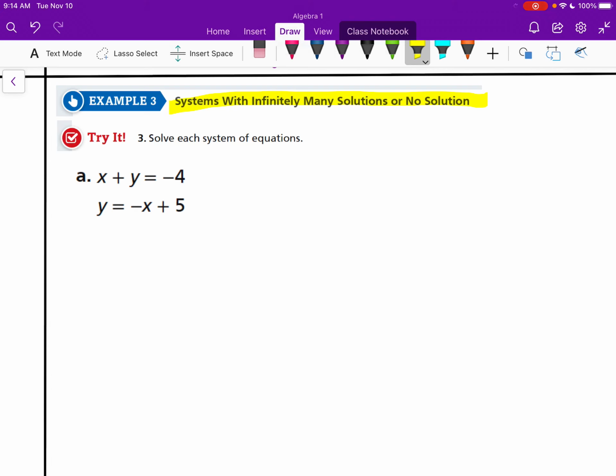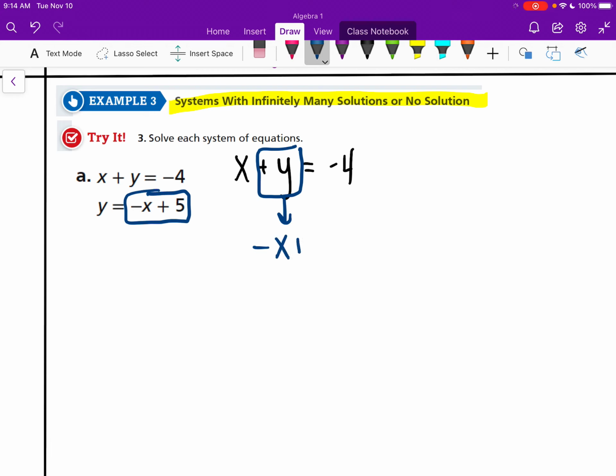So let's use our substitution. We have two equations here. We have x plus y equals negative 4, and we have the equation y equals negative x plus 5. So that means where I see a y, I want to replace that with negative x plus 5, and I still have the rest of my equation, which is equals negative 4.